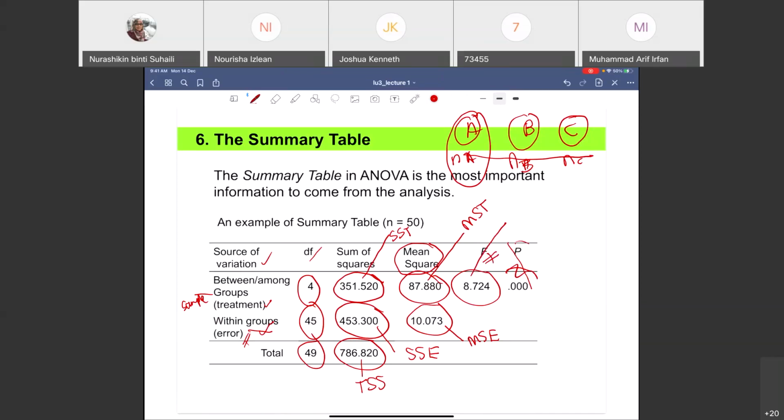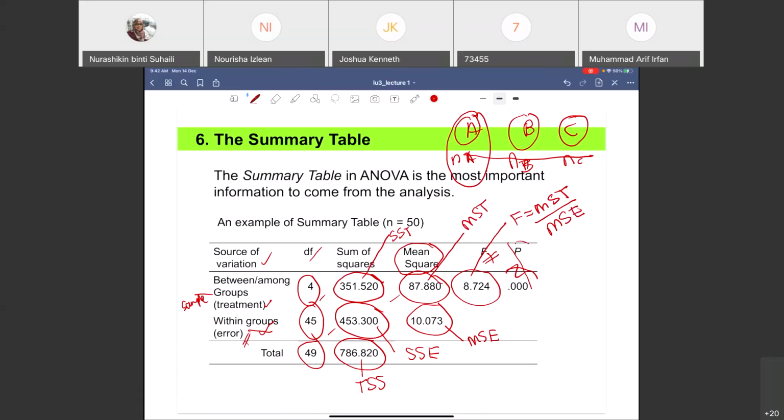But in order to calculate F, you have to calculate first all the parameters over here: SST, SSE, MST, MSE, okay? Because F is equal to MST divided by MSE. That is the formula. So that's why you have to fill up first all the values over here in order to reach F at the end.